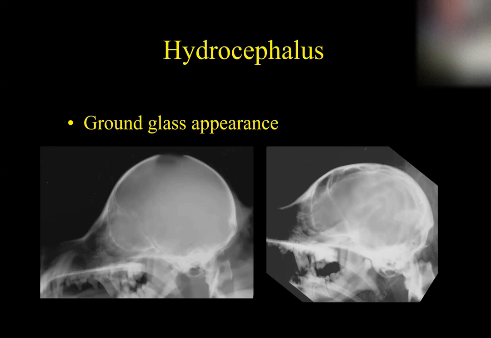The most common ones will be these dome-headed, round-headed dogs, bulldogs, Pekingese, Chihuahuas, things like that. Now, a lot of the dogs with hydrocephalus will have an open fontanelle, but just because you see an open fontanelle doesn't mean they have hydrocephalus. Some dogs will have an open fontanelle that persists for life, and it usually doesn't mean a thing, it doesn't necessarily mean they have hydrocephalus.